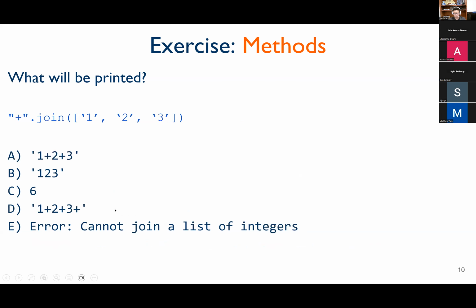Okay. Now the next thing, I say join these elements using plus. So this is a string. I'm saying connect these elements in the list using this one. So what would you say the result will be?